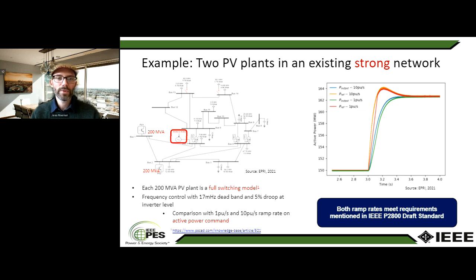In this graph, you see just a slight difference of the active power command in red and orange for 2 different ramp rate capabilities, one for 1 per unit per second and the other one for 10 per unit per second. So you see the orange line has a steeper slope because it has a higher ramp rate capability and set point. Now, the resource follows slower than the set point, but still the resource with the higher capability has a faster response. Both of these responses actually meet 2800 as a standard requirement.